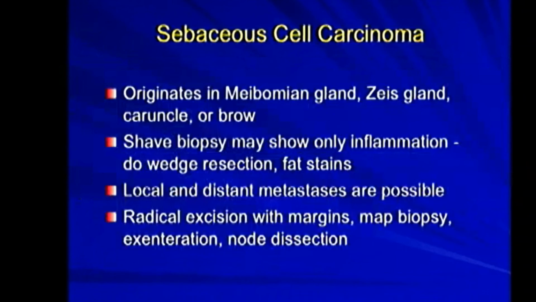It's not enough to take just the superficial part, because it could be just an inflammatory component. As you know, sebaceous cell carcinoma tends to metastasize through the lymphatics, so we need to make sure there is no lymph node enlargement. And even if you don't clinically observe lymph nodes in the periocular area, some people go and biopsy them.